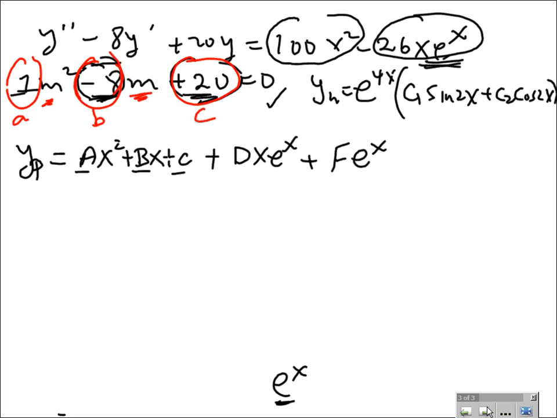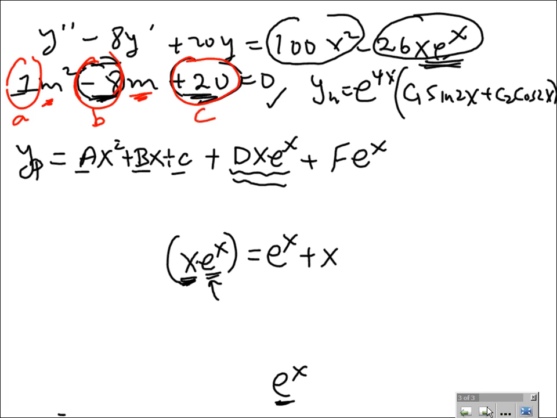The reason is when you take the derivative of x e to the x, the product, first I take the derivative of x, which is 1, times the second. There's my e to the x. Plus I keep the x the same and multiply by the derivative of the second factor. So I'm getting e to the x's. So I just have a sneaky feeling I might need that last term. And if I'm wrong, it's no big deal. It'll just turn out that F is 0.